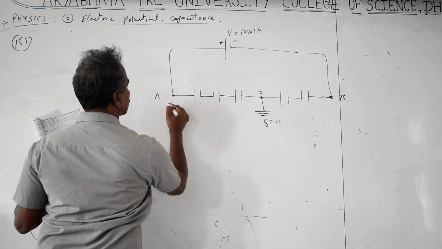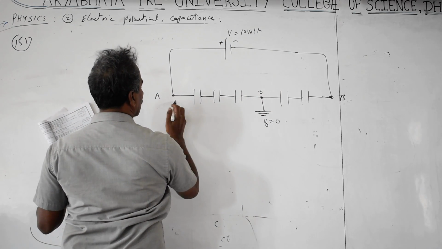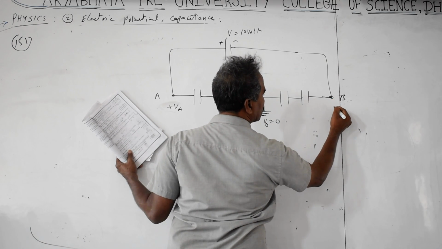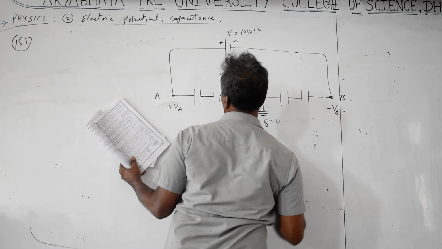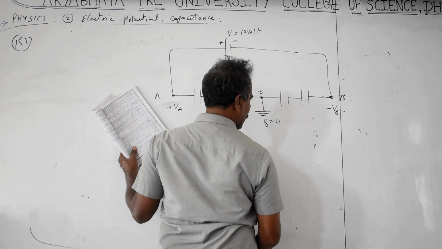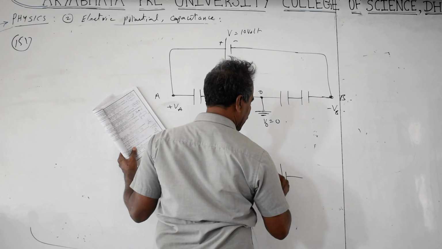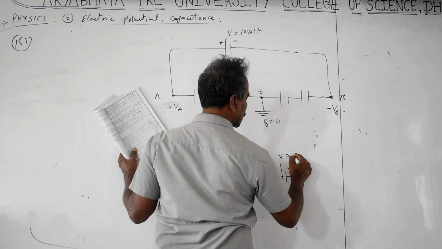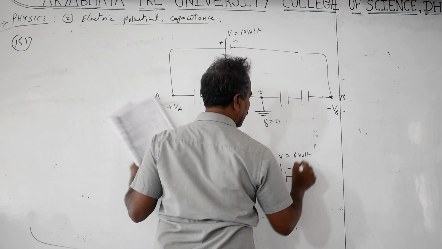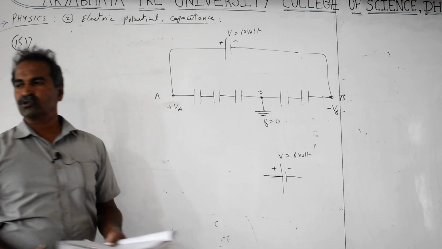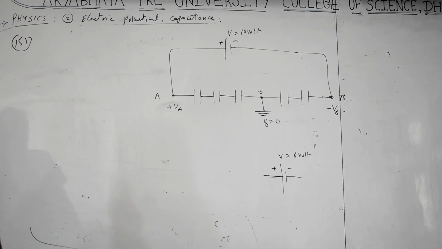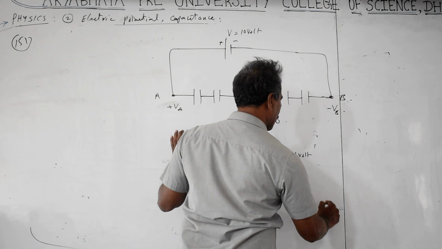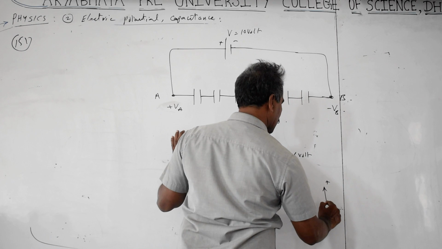So, this is a positive terminal, voltage here will be plus V_A, this is a negative terminal, so this terminal B becomes equal to minus V_B. If you take any battery cell, the voltage is given as say 6 volts if they given. So, potential difference is supposed to be 6 volts. That means with respect to 0 we need to consider. With respect to 0, this is a plus, this is a minus.